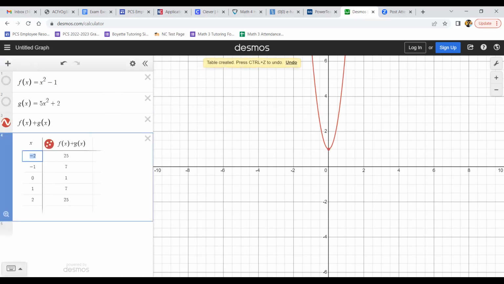And now I have a table where it's adding F and G together. If I plug in 1, the answer I get is 7. So when I add F plus G together and I plug in 1, the answer I get is 7.